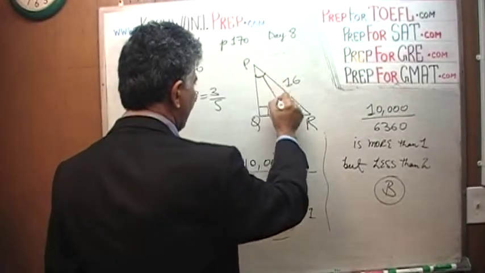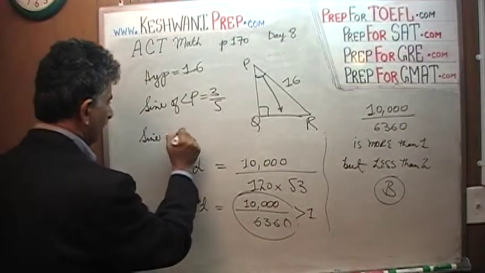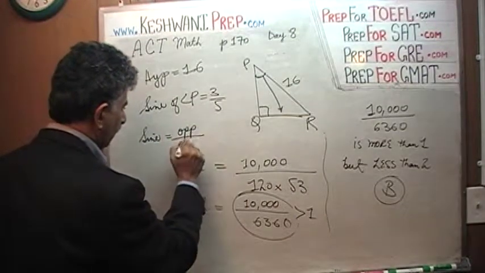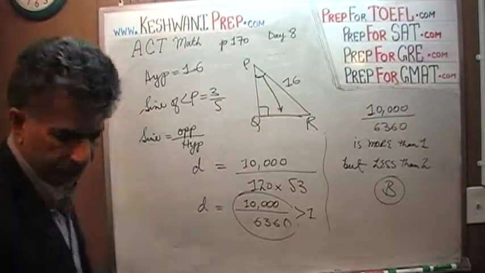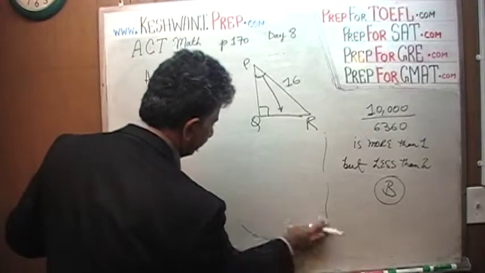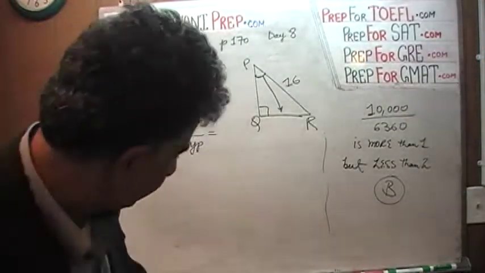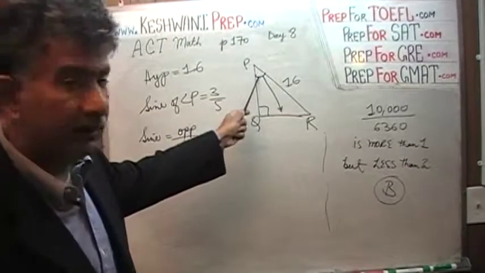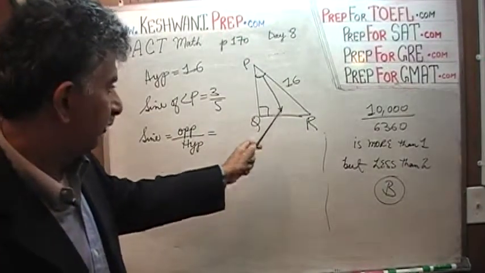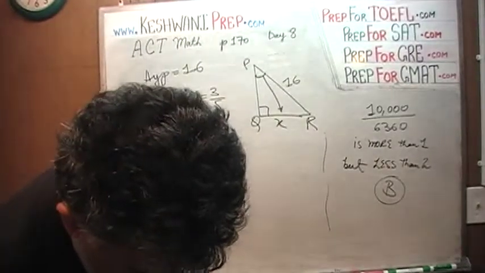The sine equals opposite over hypotenuse. The side that is opposite to P is this side, which we do not know. I'm assuming that's what they're asking us to find, QR.